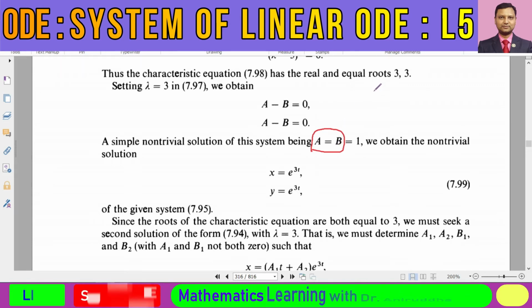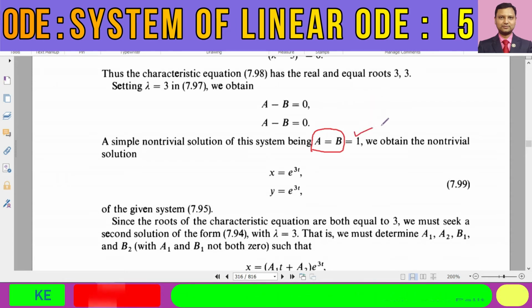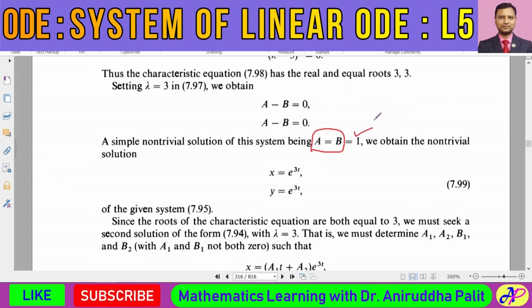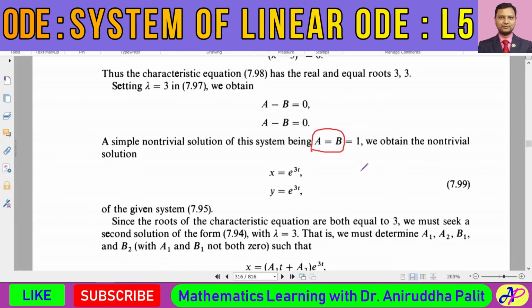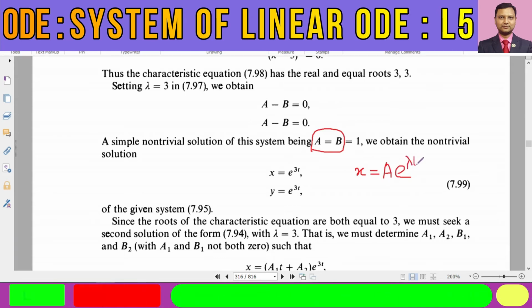Therefore, we can arbitrarily choose A equal to B equal to 1 or 2 or 3 or whatever you like. Over here, they have taken the common value of A and B to be equal to 1. So if capital A is equal to 1 and B is equal to 1, what was x? X was assumed to be equal to capital A into e to the power of lambda t.